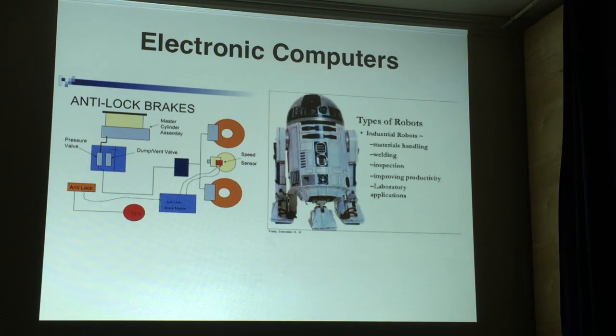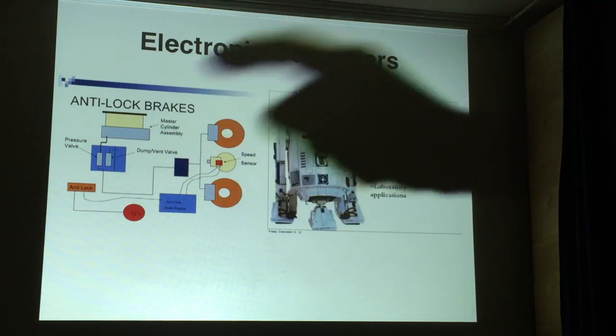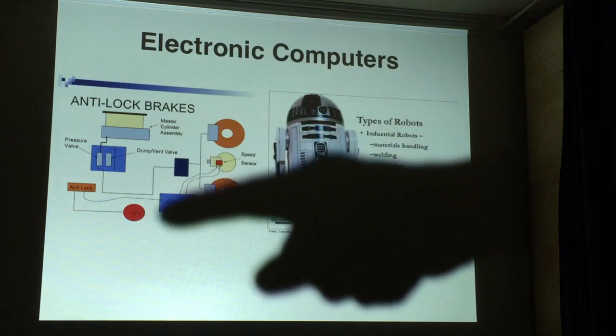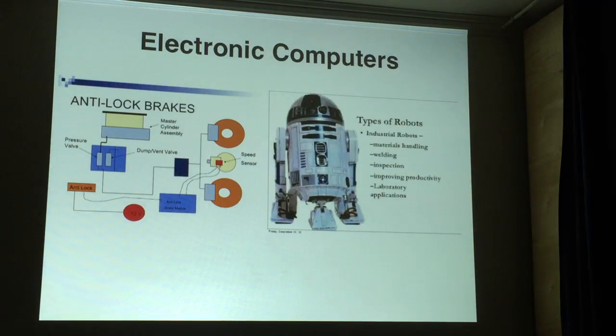If there's a disconnect or a discordance between those two, it will manipulate the master cylinder in such a way as to prevent the wheels from locking. So there's a computer in here that takes this data and feeds it into the system and tells it to unlock so that the brakes don't lock.